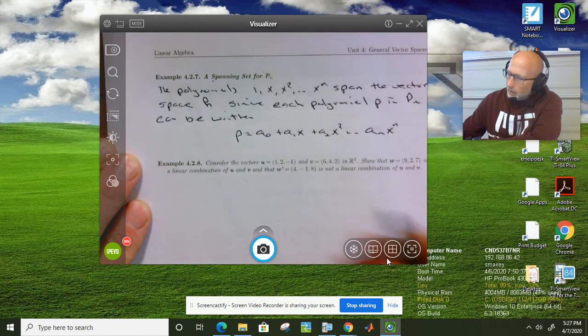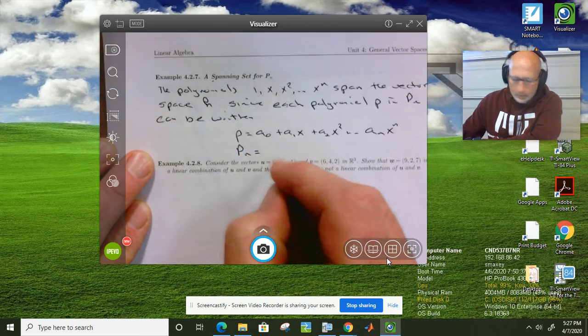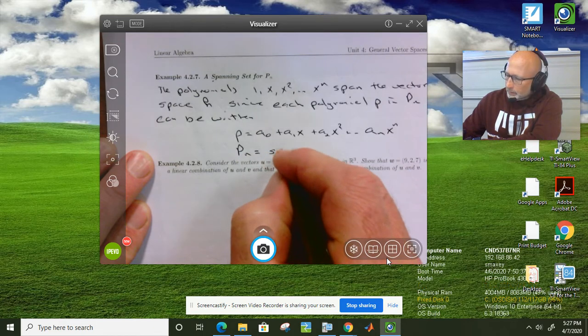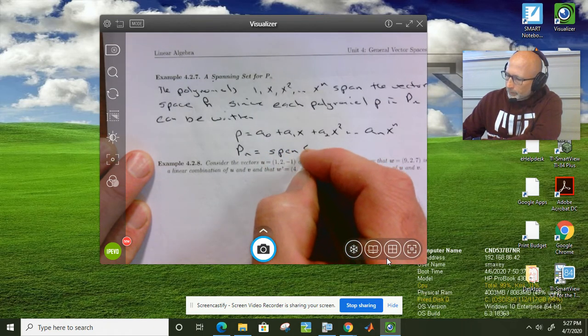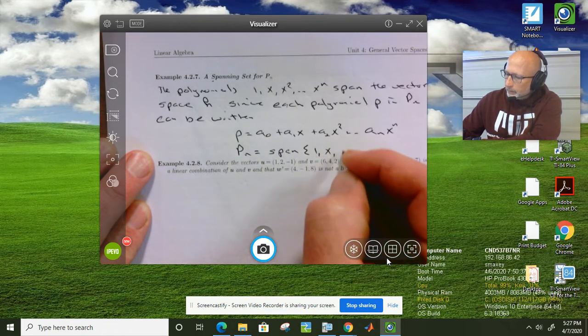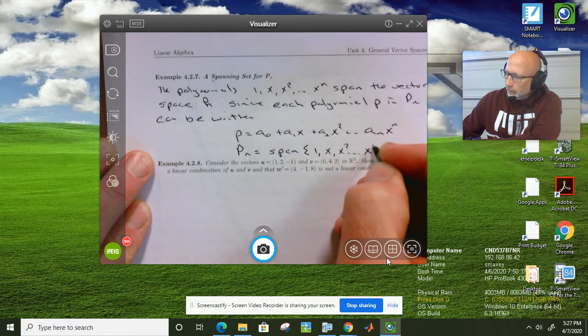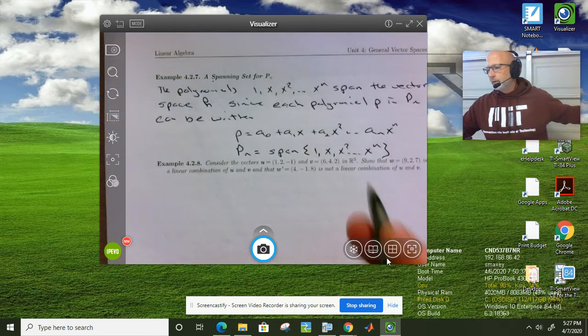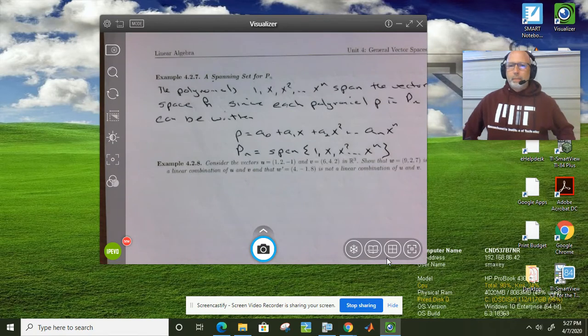So what we know is that Pn then is the span of the set 1, x, x squared, all the way up to x to the n. So you take the span of that, you get the set of all polynomials of degree n or less.